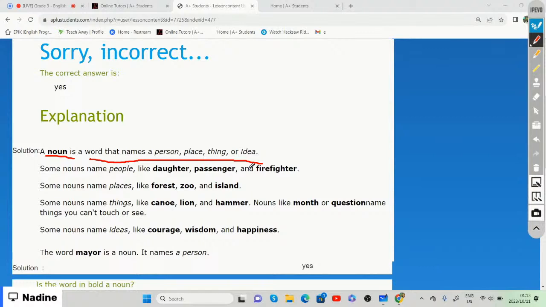Then we have some nouns which name places, like the forest, zoo, island, school, house, the shopping mall. Those are all places that you can identify.